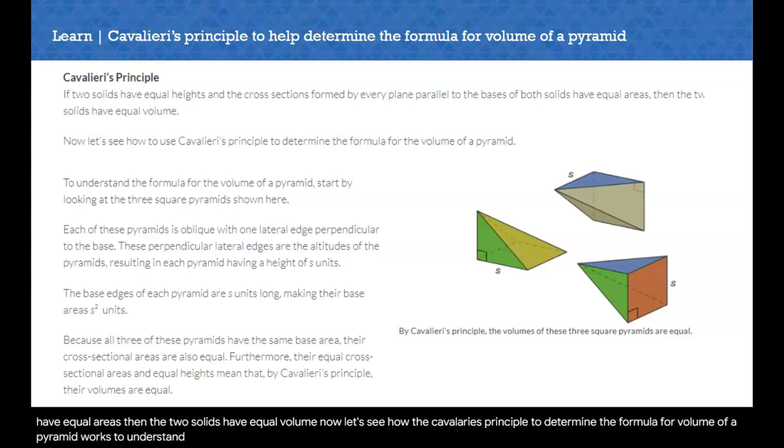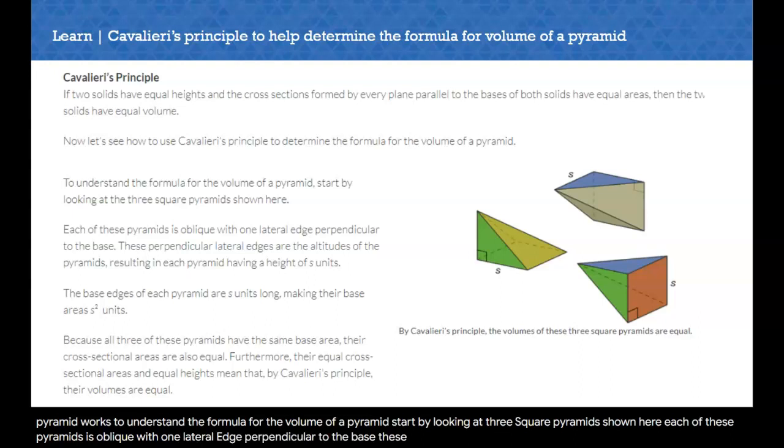To understand the formula for the volume of a pyramid, start by looking at three square pyramids shown here. Each of these pyramids is oblique with one lateral edge perpendicular to the base. These perpendicular lateral edges are the altitudes of the pyramids.